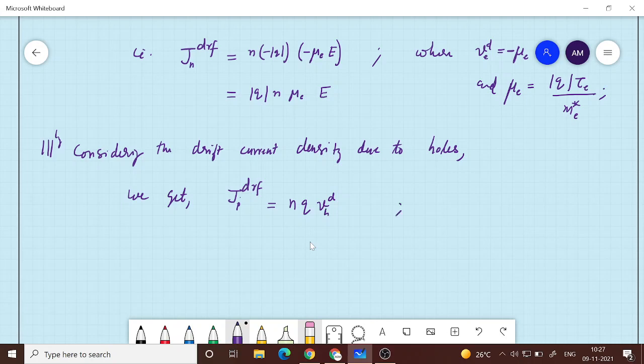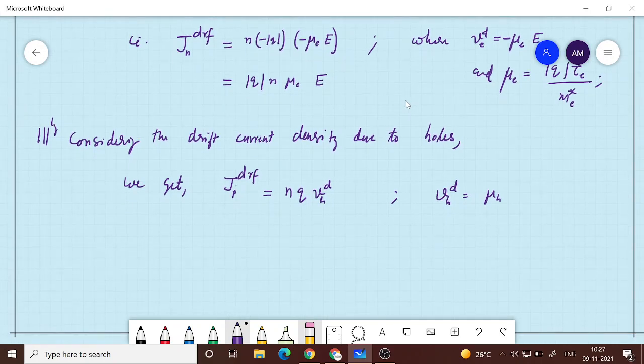Now the drift velocity of holes is given by mu h into electric field. There will not be any minus sign here, and mu is positive also, and mu h is modulus q tau h divided by m h star. Okay, so these are the definitions.